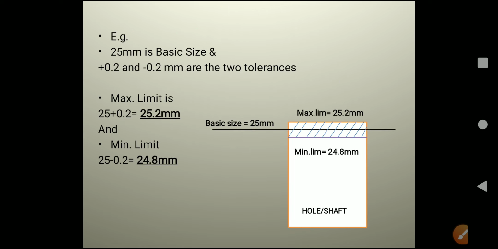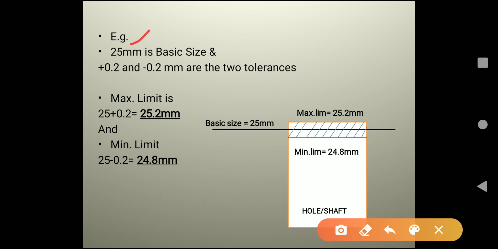Here you can see an example of a maximum and minimum limit. Here 25 mm is the basic size, and plus 0.2 and minus 0.2 mm are the two tolerances. The maximum limit is the basic size plus tolerance, that is 0.2. So 25.2 mm is the maximum limit of that particular hole and shaft.